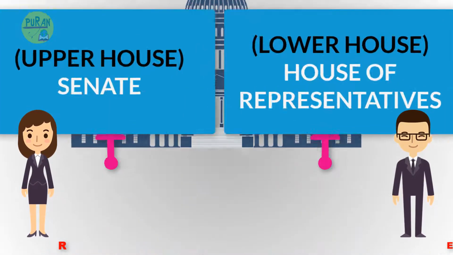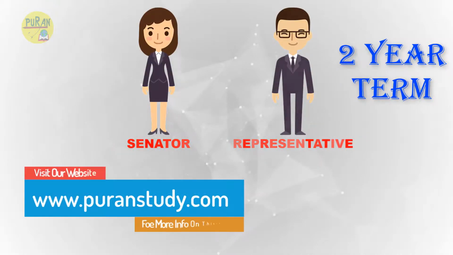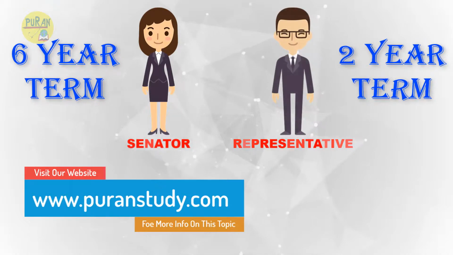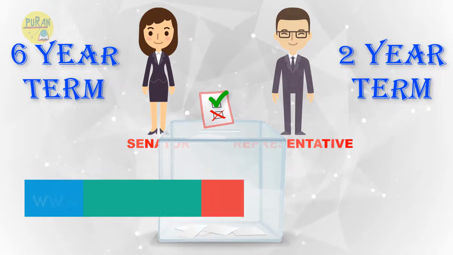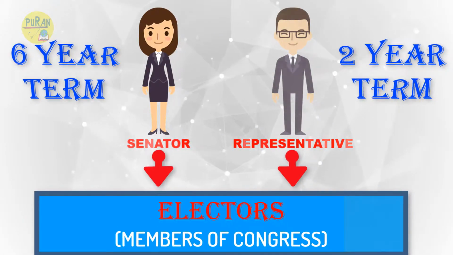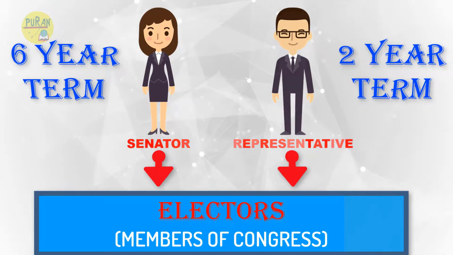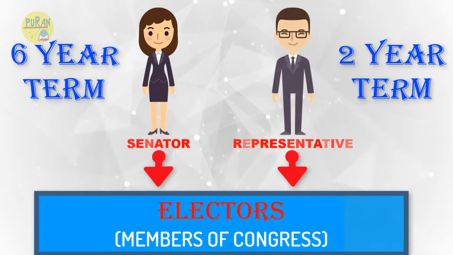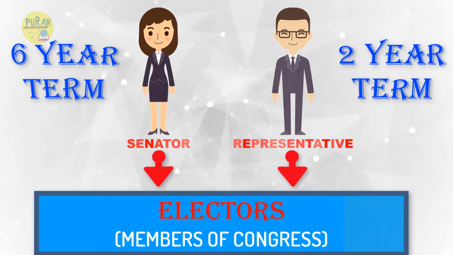Representatives are elected for 2-year terms and senators are elected for 6-year terms in a direct election, as we said earlier. These representatives and senators are collectively known as electors or members of Congress, who choose the president on behalf of every citizen of the USA.